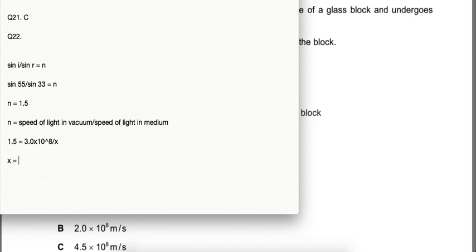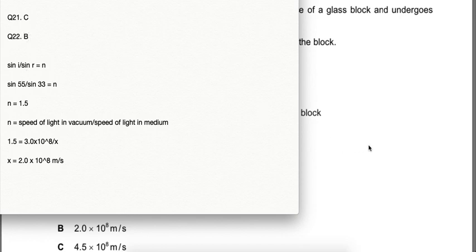We know the refractive index, 1.5. So we'll just solve this formula here. 2 × 10^8. When you solve this, it is option B.